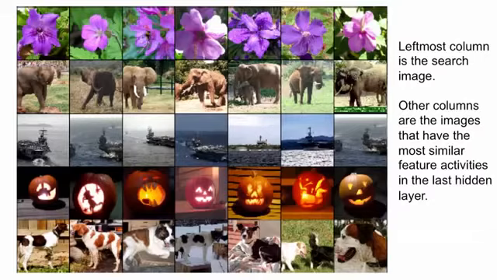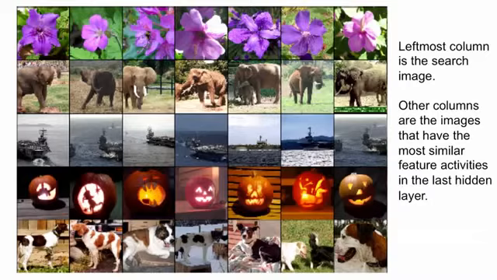If you look at the elephant query image, you'll see that what gets retrieved is other elephants, but elephants with very different poses. So those images wouldn't have a very good overlap in pixel space, although the overlap wouldn't be that bad. If you look at the Halloween pumpkins, you'll see that all the retrieved things are other Halloween pumpkins, and some of them would have a pretty bad overlap in pixel space.